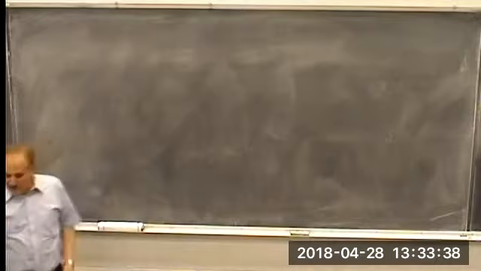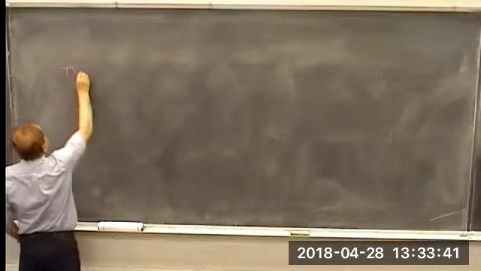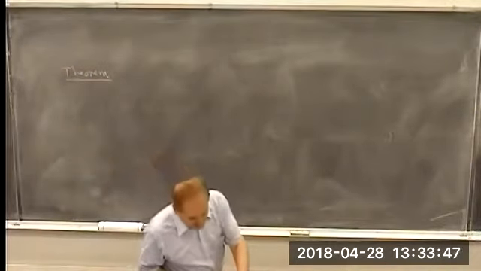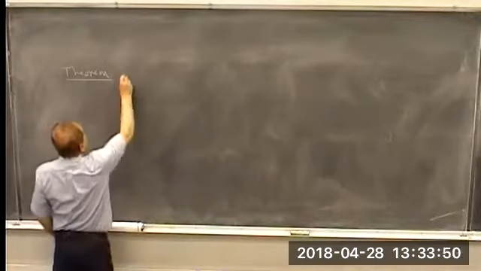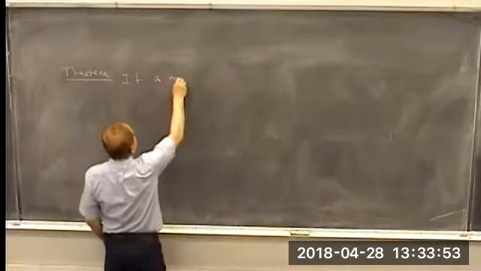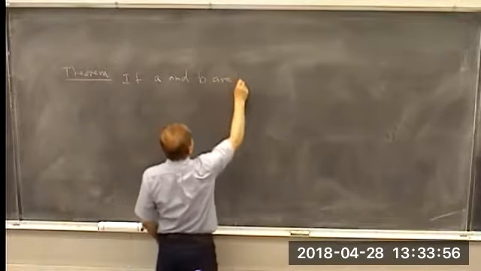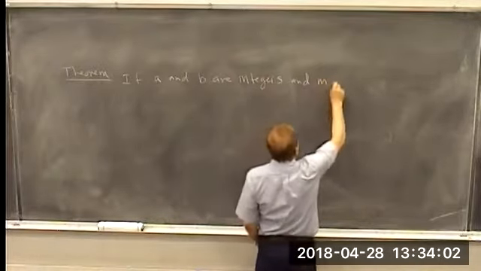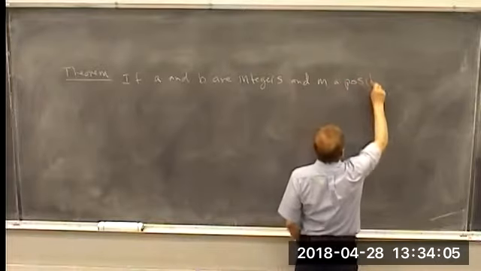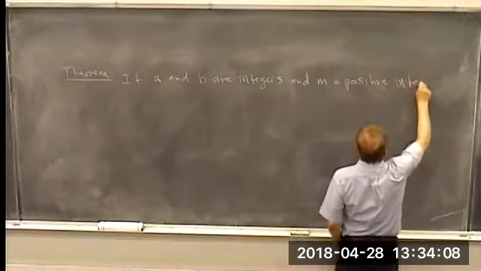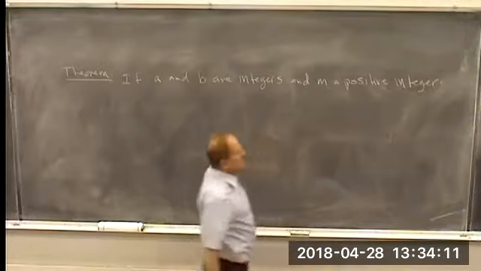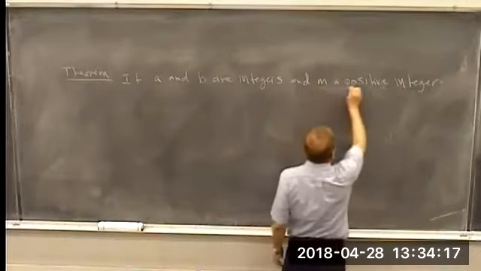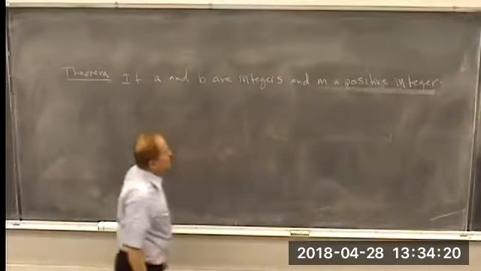So we have the following theorem, which says the following: if A and B are integers, and M a positive integer. The number that we use for a mod is always positive. Even if we don't state it, from here on we can assume M is a positive integer.